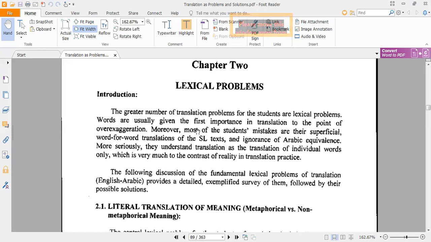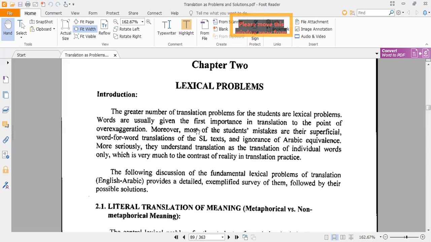English sentences are usually verbal because every sentence in English must include a verb. For example, he plays football. Every sentence includes a verb.